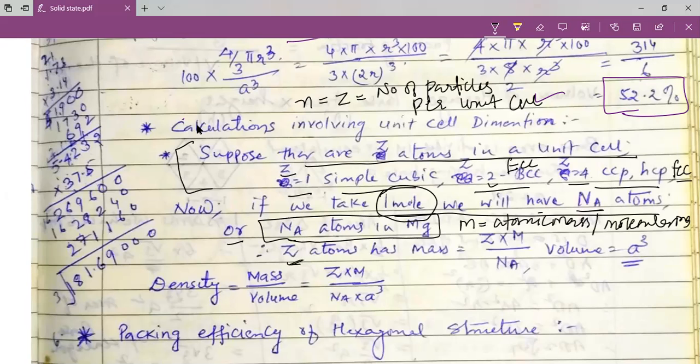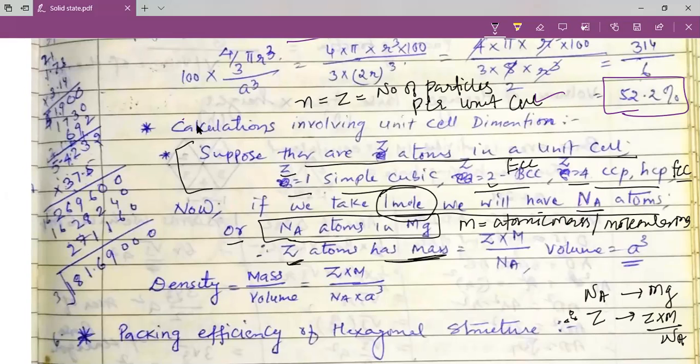Therefore Z atoms, what is the mass? Once again, see, Na atoms have got M gram. The mass of Na atoms is equal to M gram. Therefore the mass of Z atoms is equal to Z multiplied by M divided by Na.